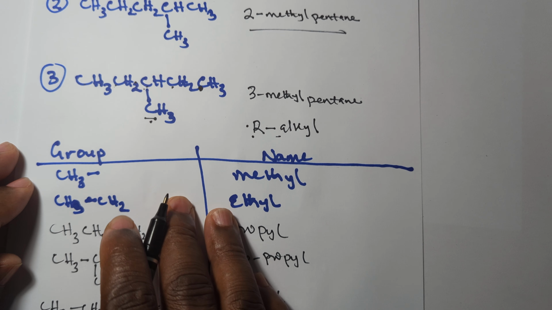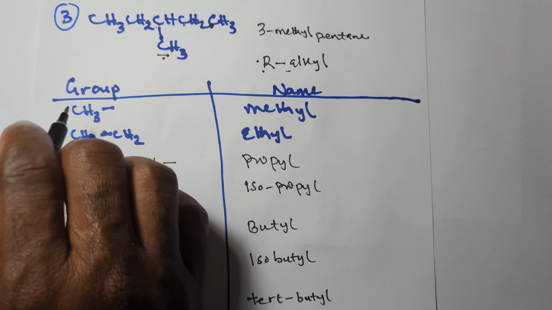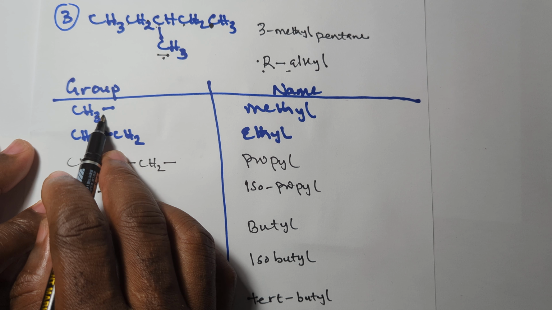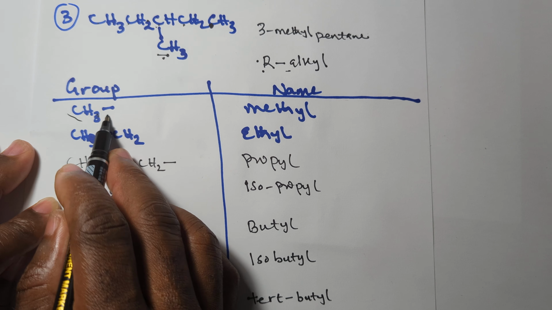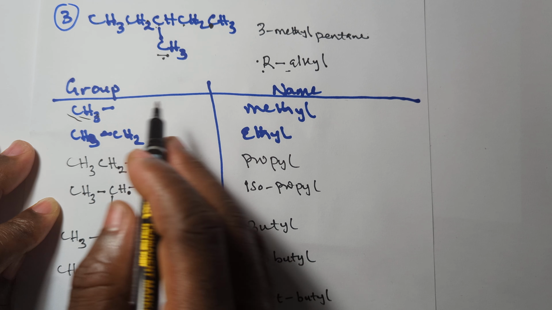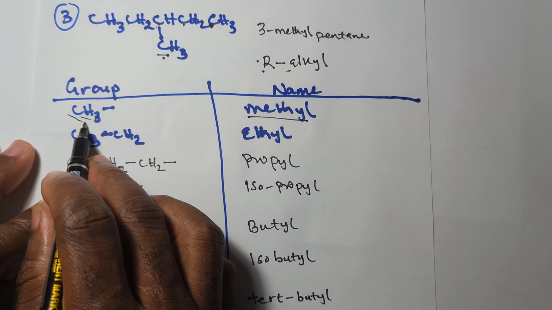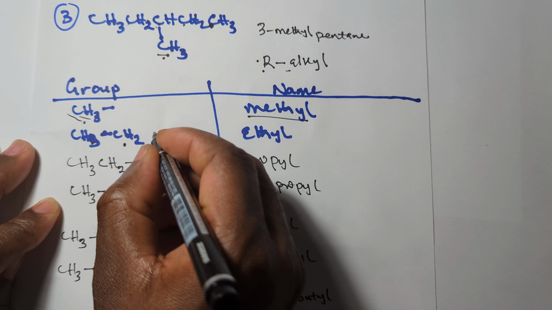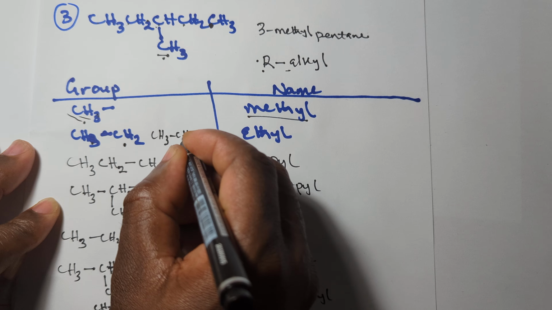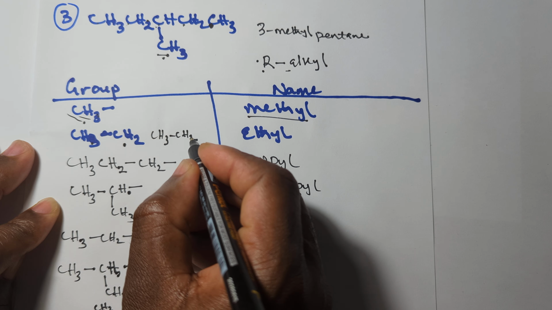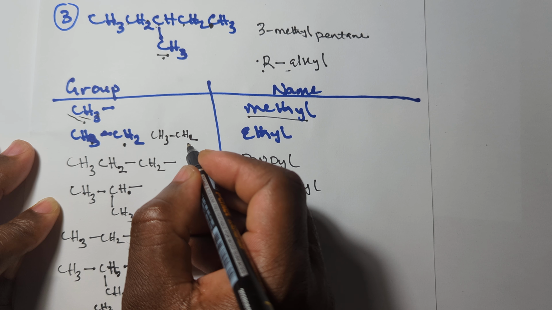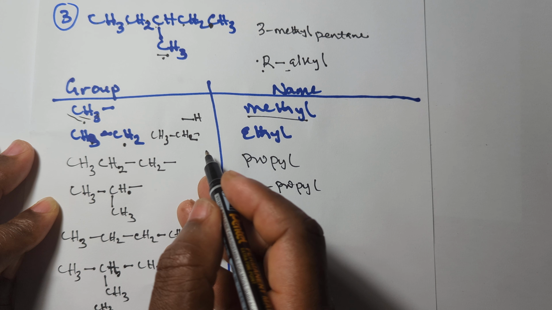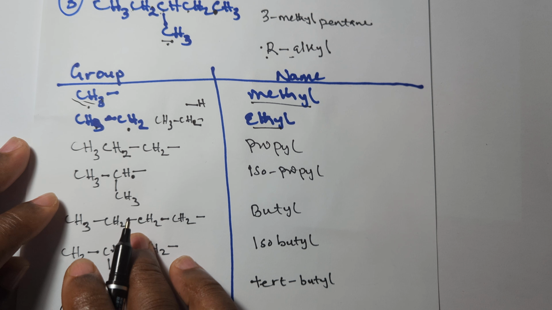For example, if we have CH3 instead of CH4 for methane, this is an alkyl group, and we call it methyl. For CH3, CH2, if it were CH3, CH3 it would be ethane, but we have minus a hydrogen, so it's called the ethyl group.